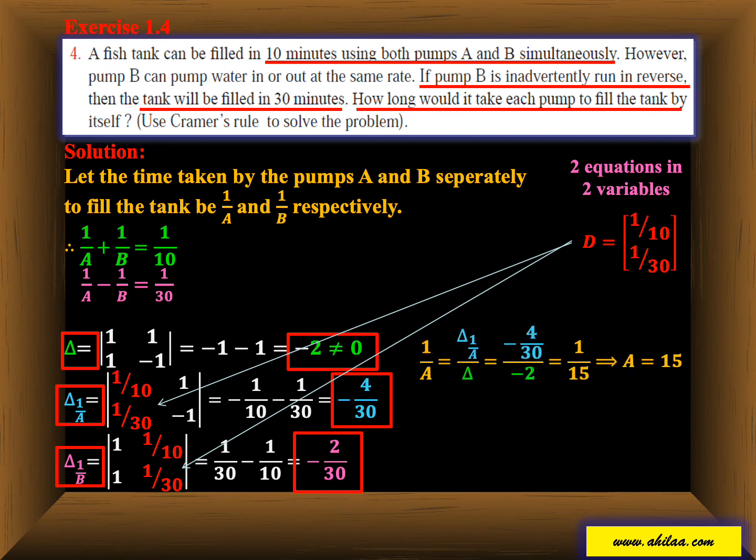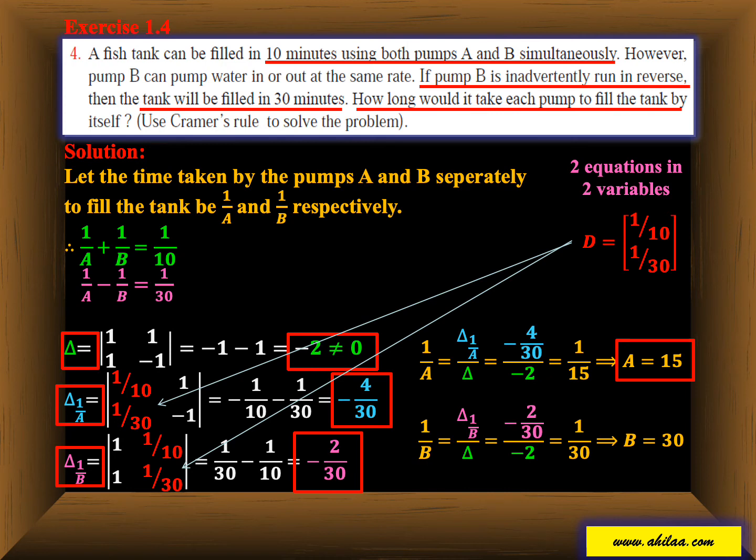So to find 1 by A first, delta 1 by A by delta, which is minus 4 by 30 by minus 2, simplifying we get 1 by 15. Taking the reciprocal, we get the value of A as 15.